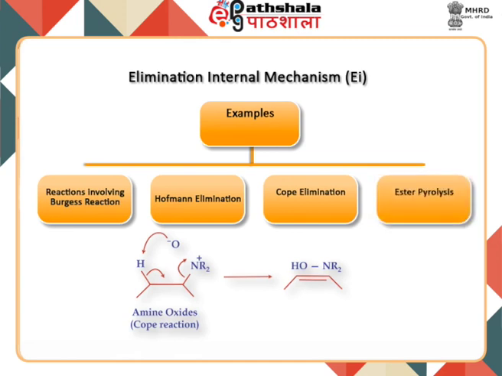Let us see the Cope reaction. The Cope reaction is an elimination reaction of the N-oxide of a tertiary amine to form an alkene and a hydroxylamine. The reaction mechanism involves an intramolecular 5-membered cyclic transition state.